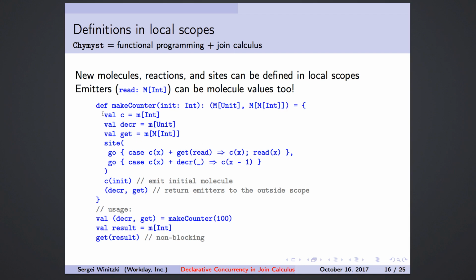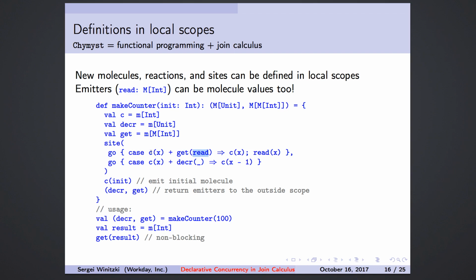It's fine. So what happens here is that inside this scope, I defined new molecules, C, Decr, and get. And then I define exactly the same chemistry as we saw in the test, where you decrement, and here you do another thing where the get is not blocking, but it emits a molecule read with the value X. All right, so this is a bit different, but that's okay.